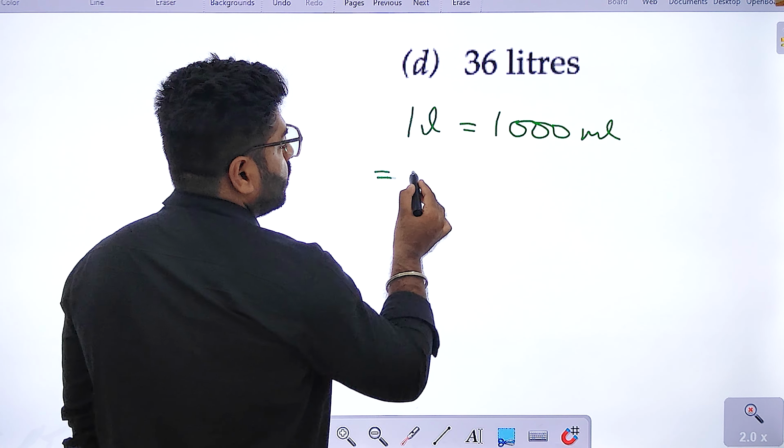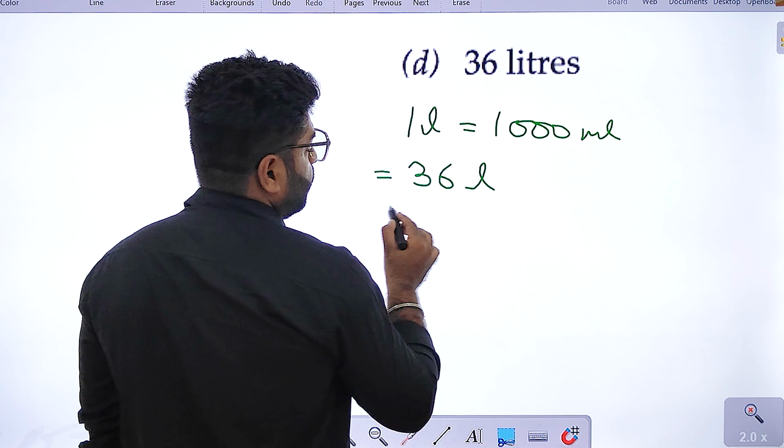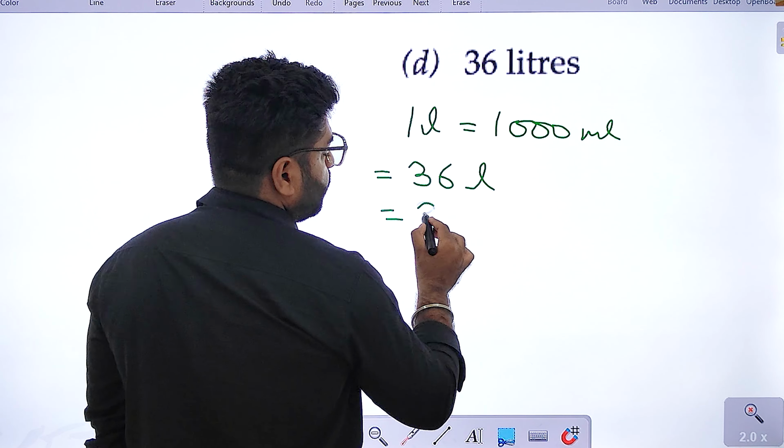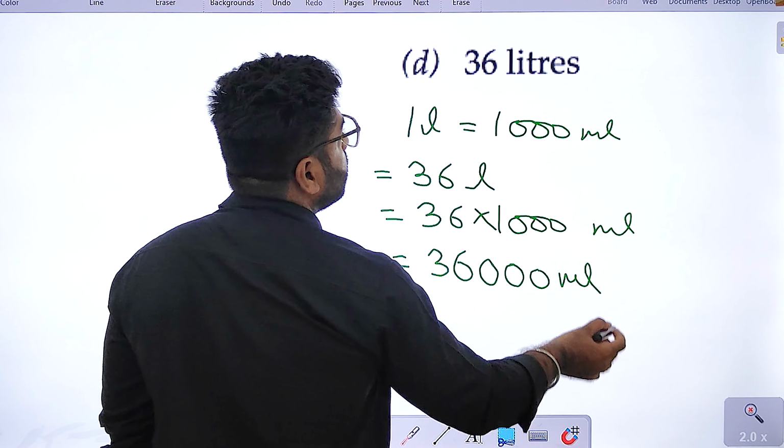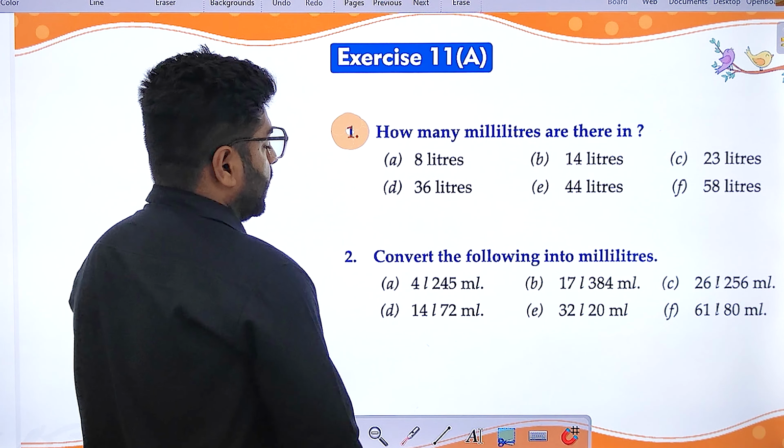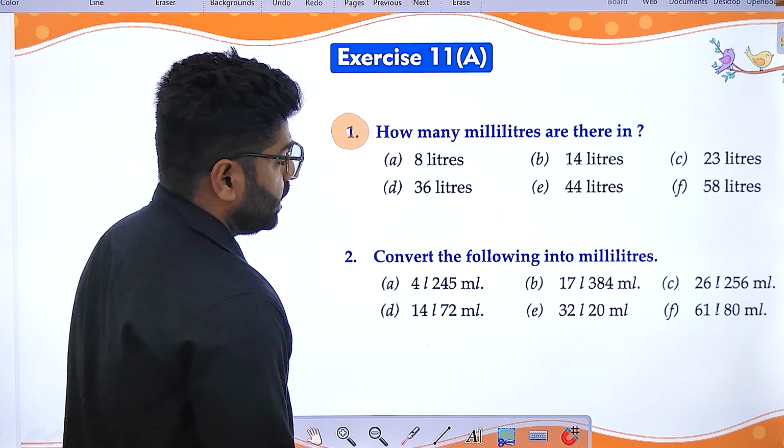So here we are having 36 liter. So we are going to change it into milliliter. So we have to multiply by 1000. So by multiplying by 1000, this liter is converted into milliliter. So we are having 36,000 milliliter. Clear?